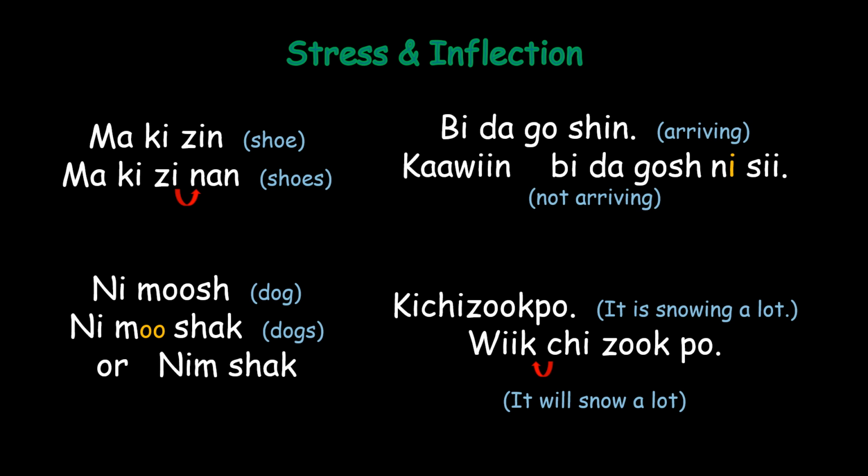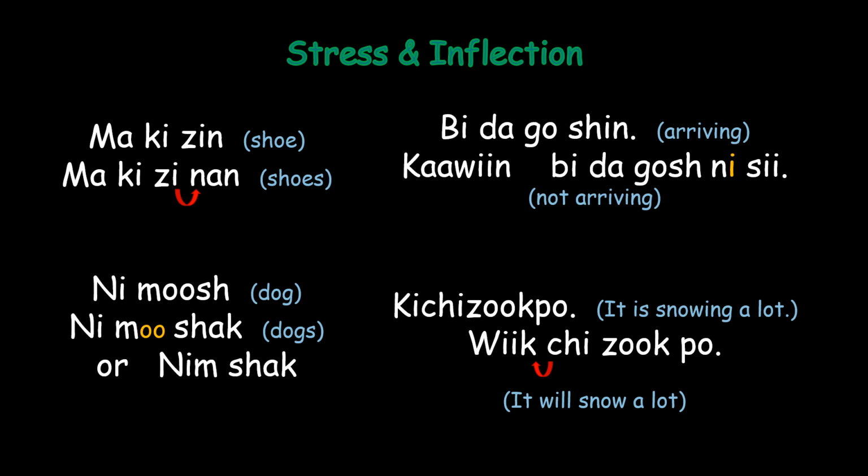Bidagushan, she or he is arriving. When we add the suffix si to the end of Bidagushan to make it a negative term, we say Kawin Bidagushnisi. The I in shin becomes very weak, or you could even say that it hops over to the other side of the N. Kawin Bidagushnisi.